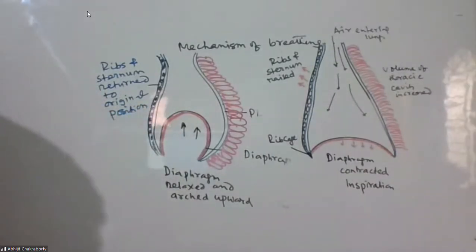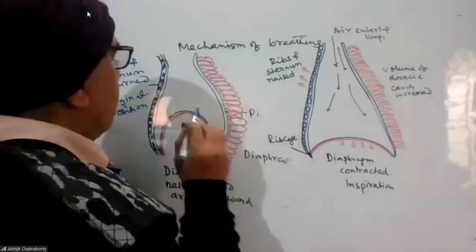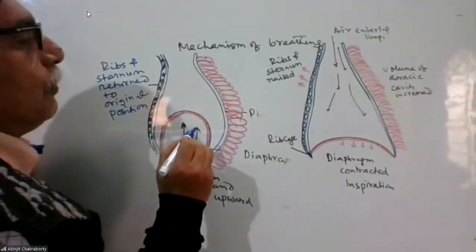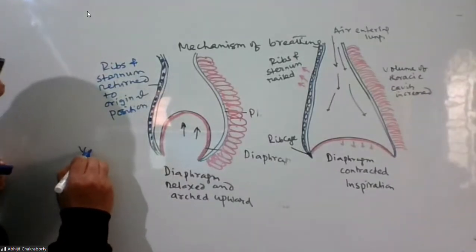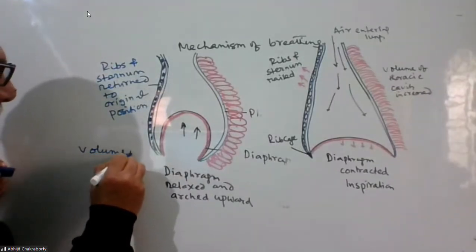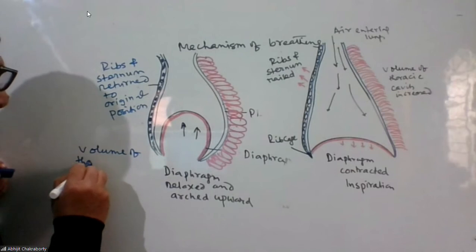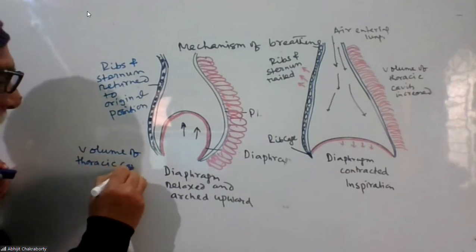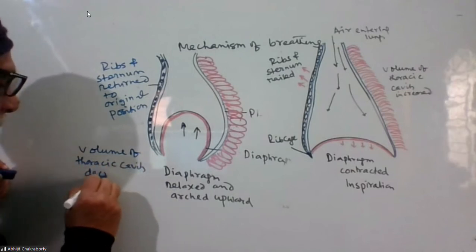So what happens here? Volume of thoracic cavity decreased.